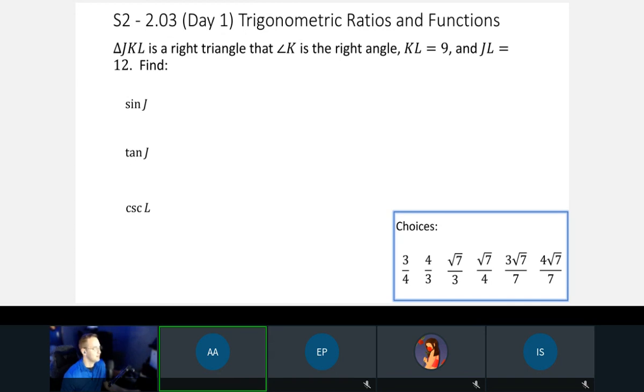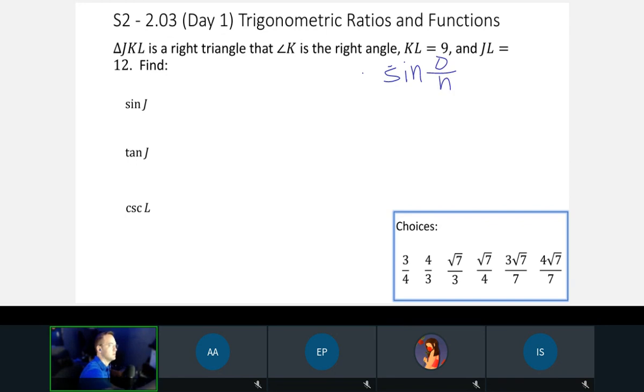Well, so let's kind of talk about this. Remember, sine is opposite over hypotenuse.